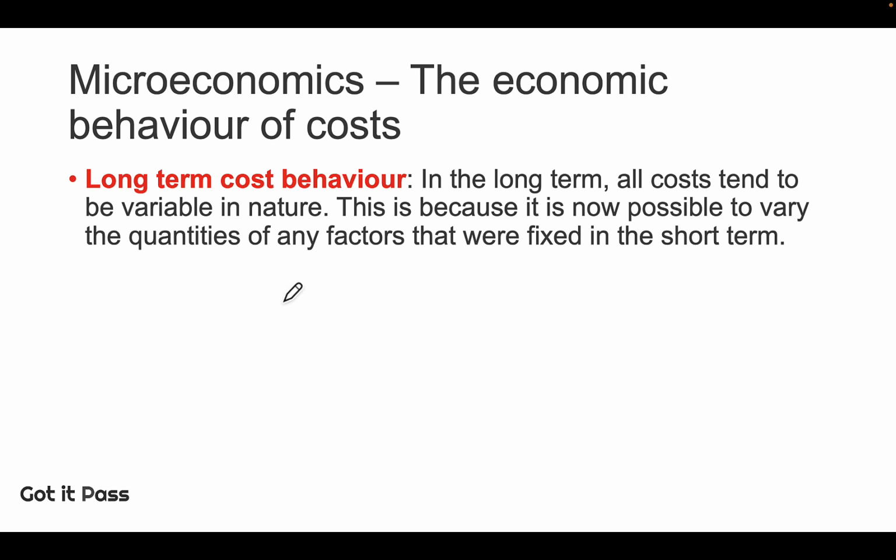You can change it in the long run. And one more topic under this long-term cost behavior is the terminology called economies of scale. In general, the long-term cost behavior is different from the short-term cost behavior because there's no more fixed factor.